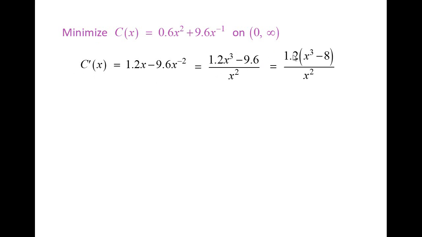I'm sorry, I am factoring out 1.2. If I factor out 1.2, then I'm getting x cubed minus 8, because 9.6 divided by 1.2 is 8. So now I can see that the derivative would be 0 if x cubed is 8, and x cubed is 8 when x is exactly 2. So that's the only critical point that we get.